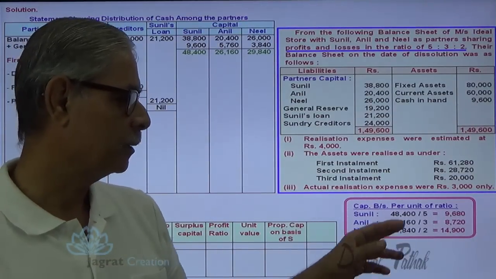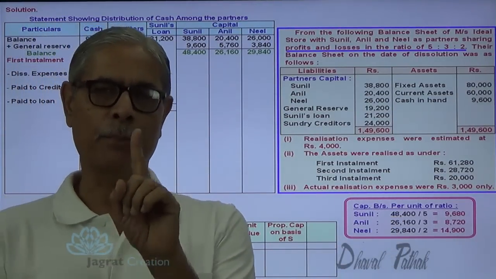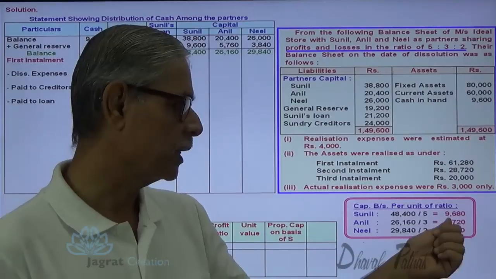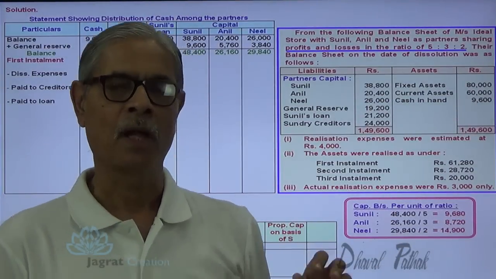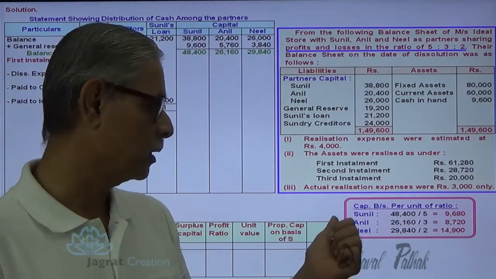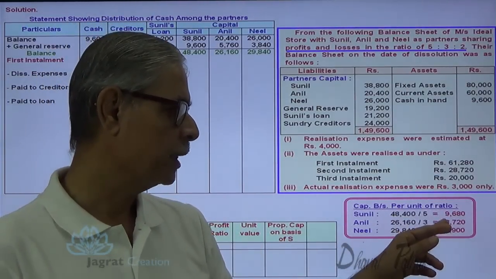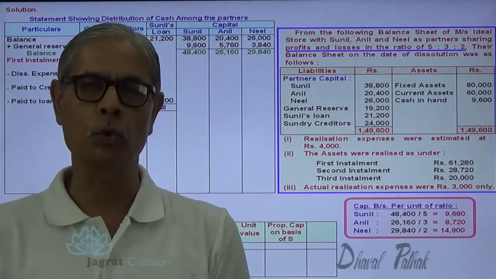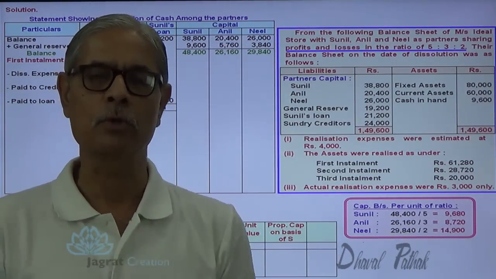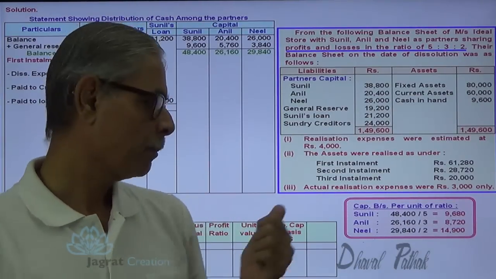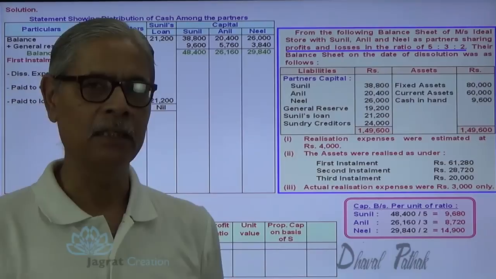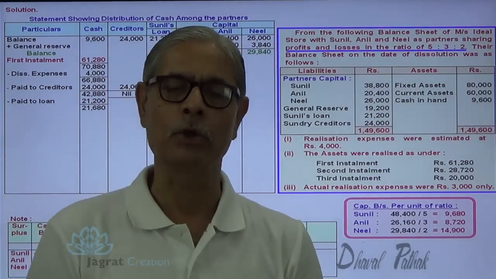Similarly, per unit of profit, Anil's contribution is 8,720, and Nil also wants to maintain that much. So Nil should contribute 8,720 into 2. That is the total contribution required by Sunil and Nil, in proportion to Anil.